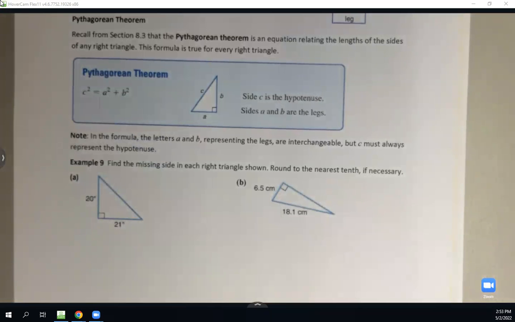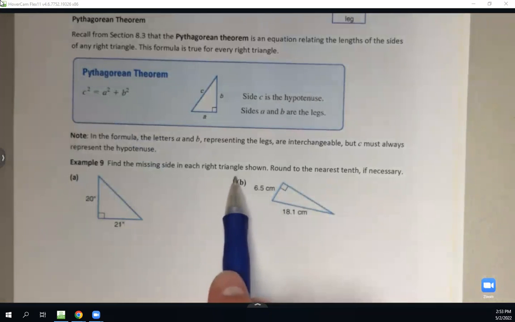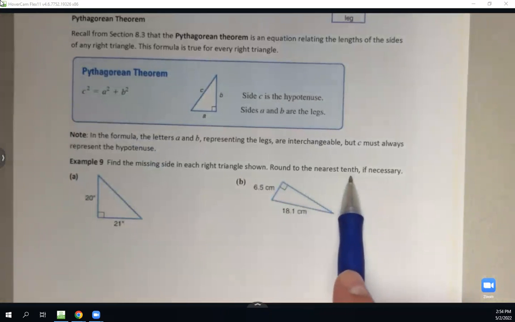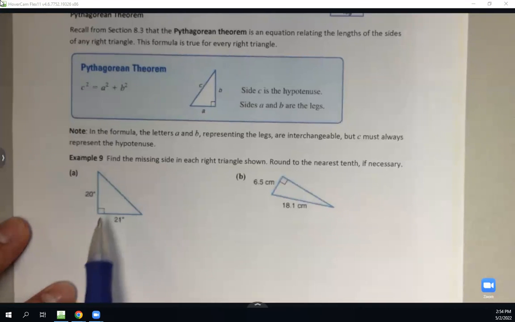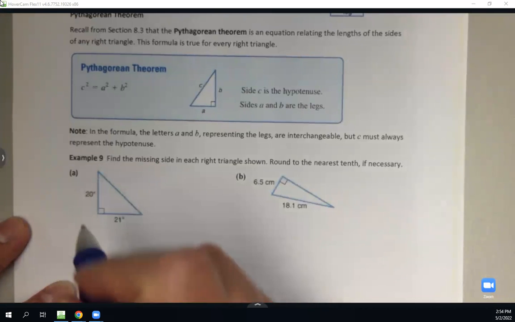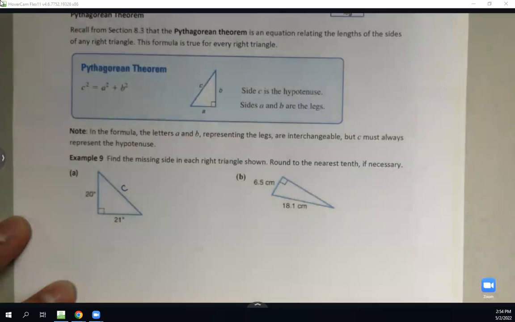So example 9, find the missing side in each right triangle shown. Round to the nearest tenth if necessary. Okay. So in this triangle here, I have the two legs that are given. It's the hypotenuse that I need to find. Okay.